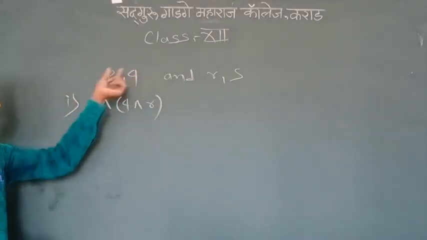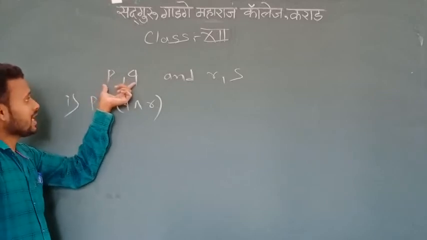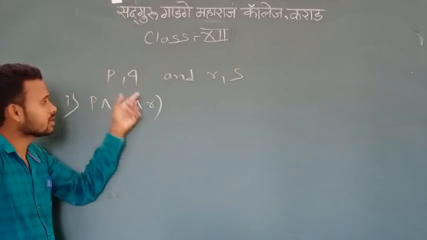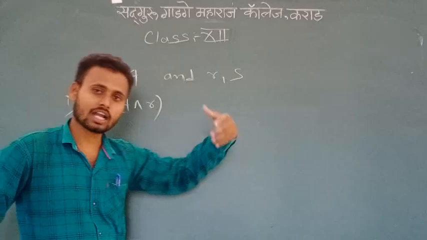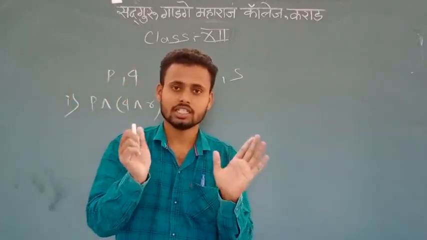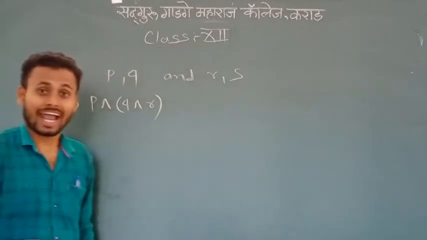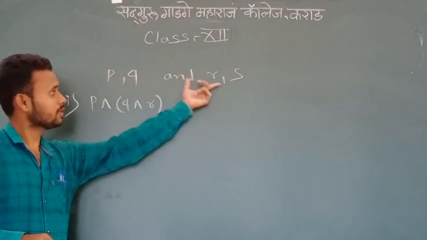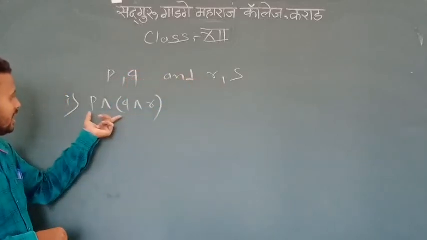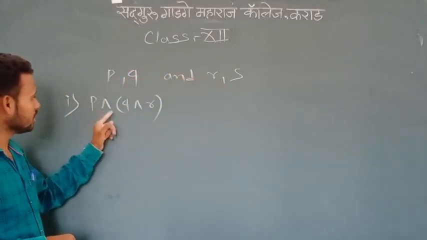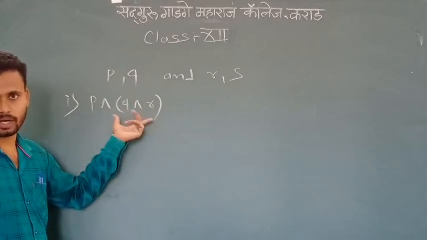This information is given, and with the help of it we have to find the truth value of p meet q meet r.